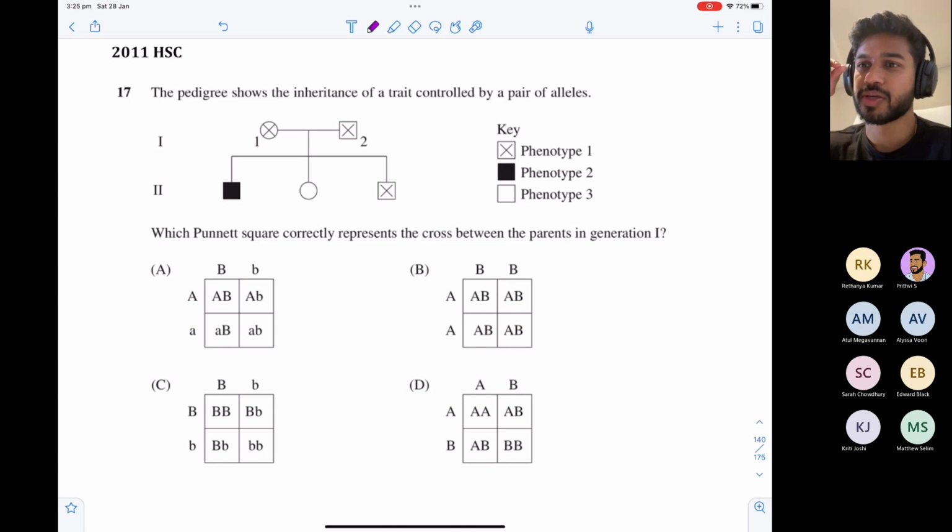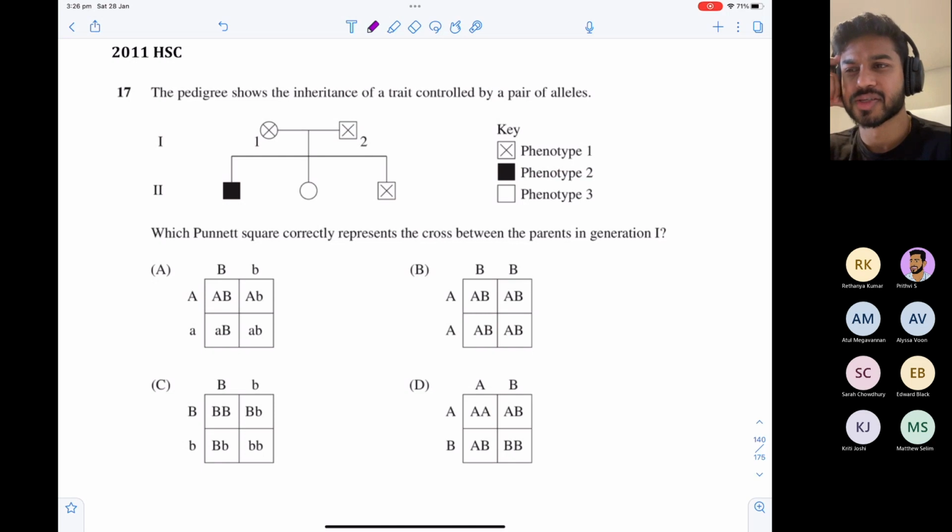Good. It's good that you're all able to intuitively pick up something's not right about this pedigree. Can anyone tangibly point out what's not right about any of the pedigrees? I guess the question you should really be asking yourself is, why are there 3 phenotypes? Because in all other questions, you're either affected or you're unaffected.